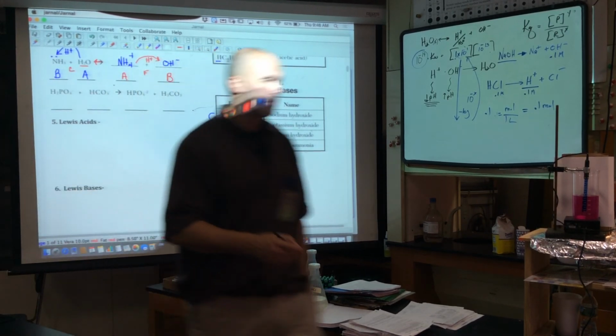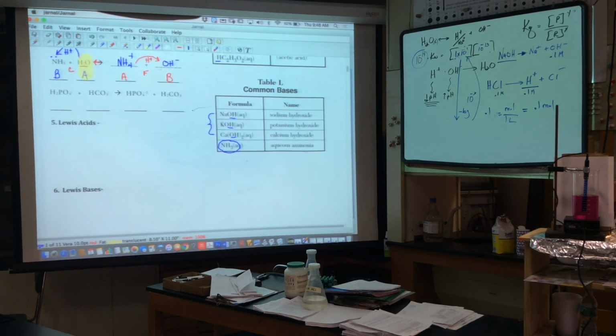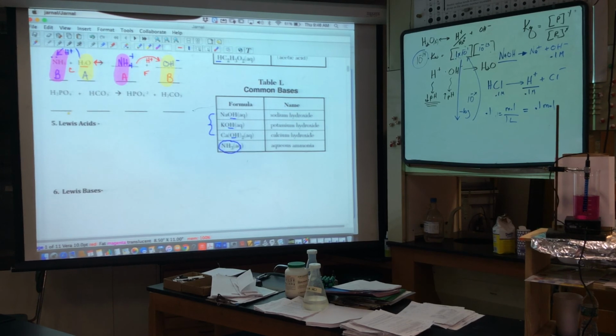So let's identify them. Conjugate acid, conjugate base, that's one pair. And here's another pair. Conjugate acid, conjugate base. They're the same chemicals, plus or minus 1 H. It's the result of acting as an acid. I have one less H.